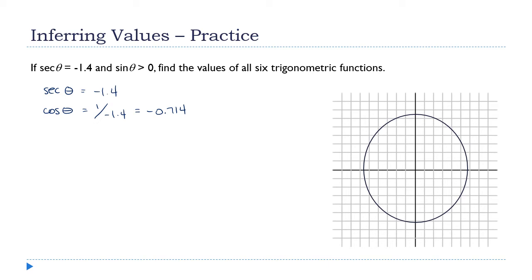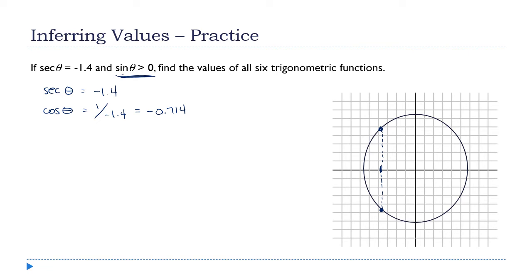If the cosine is negative 0.714, that's again where we've got to think of this unit circle, right? Radius is 1. That's somewhere over here. So I'm looking for an angle that goes through this point or an angle that goes through this point. All right, well, if you look up here, we know that the sine of theta is positive. Remember the sine, that's the y-coordinate.